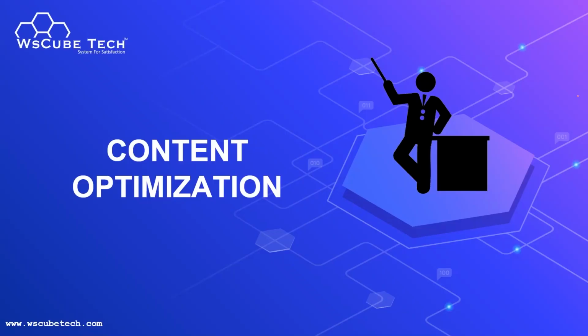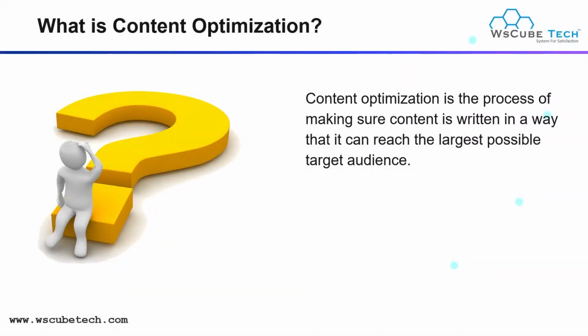So in this video, I'm going to talk about content optimization. What is content optimization? What are the types of content and how can you optimize your content? So let's start with the definition of content optimization. Content optimization is the process of making sure content is written in a way that it can reach the largest possible targeted audience.